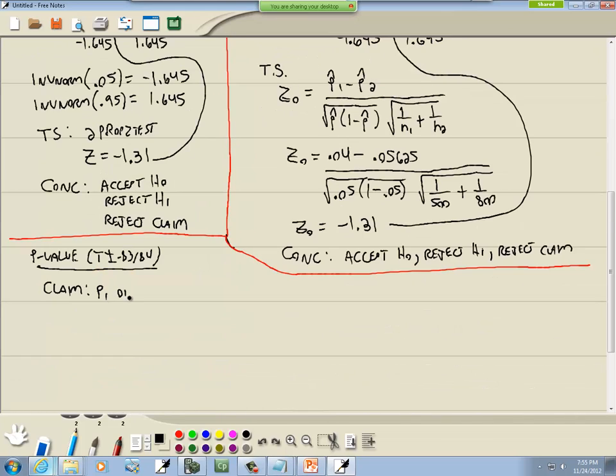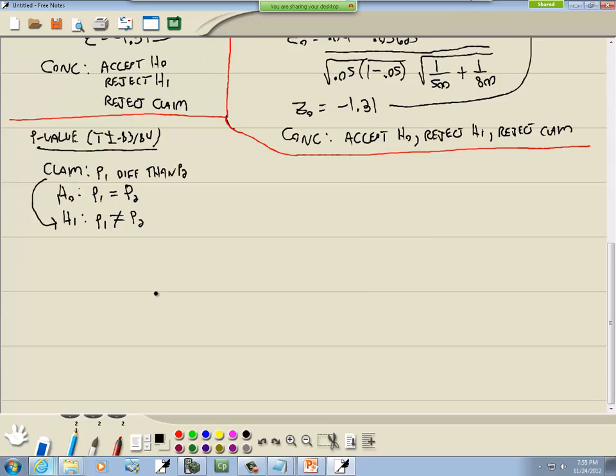So p1 different than p2. So we got p1 is not equal to p2 and p1 is equal to p2. And that matches H1. Not that we need it, but it's two tails.